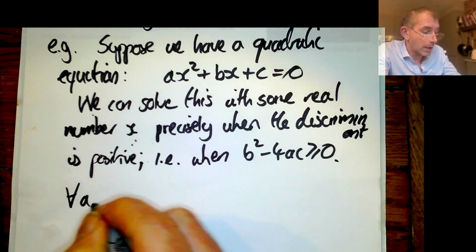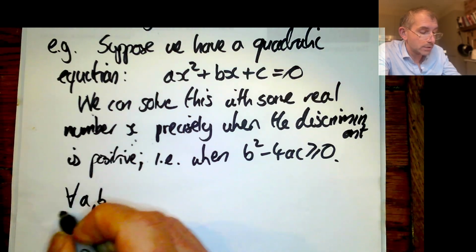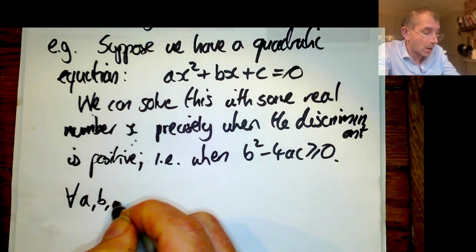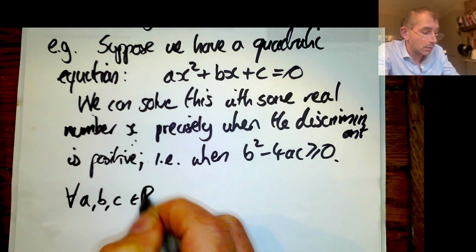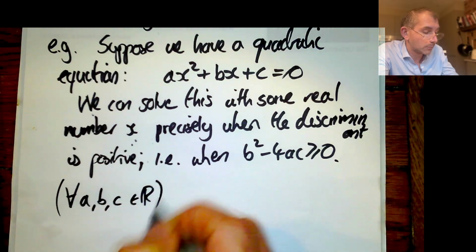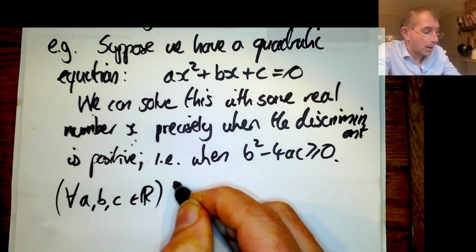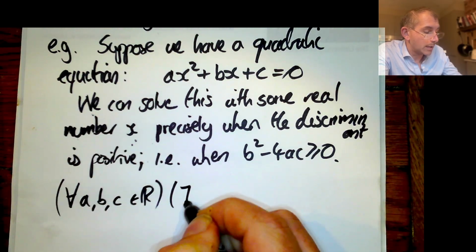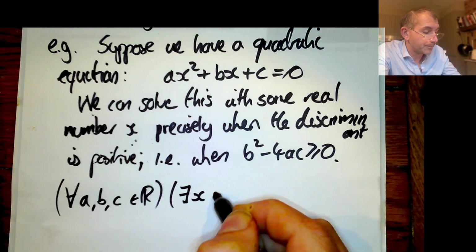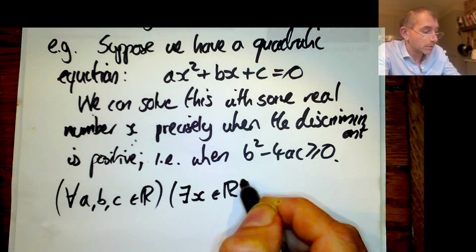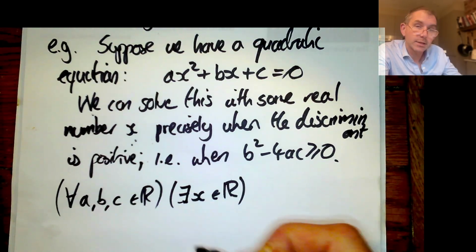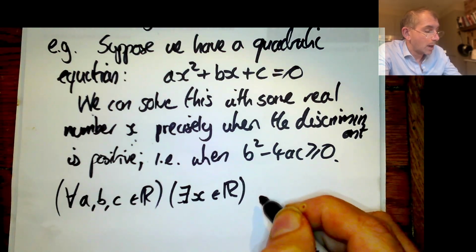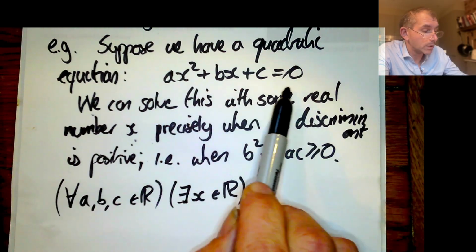So for all a, so this is a symbol that means for all a, b, c in the real numbers, there exists an x in the real numbers. So this backwards e means there exists, such that we can solve this equation.